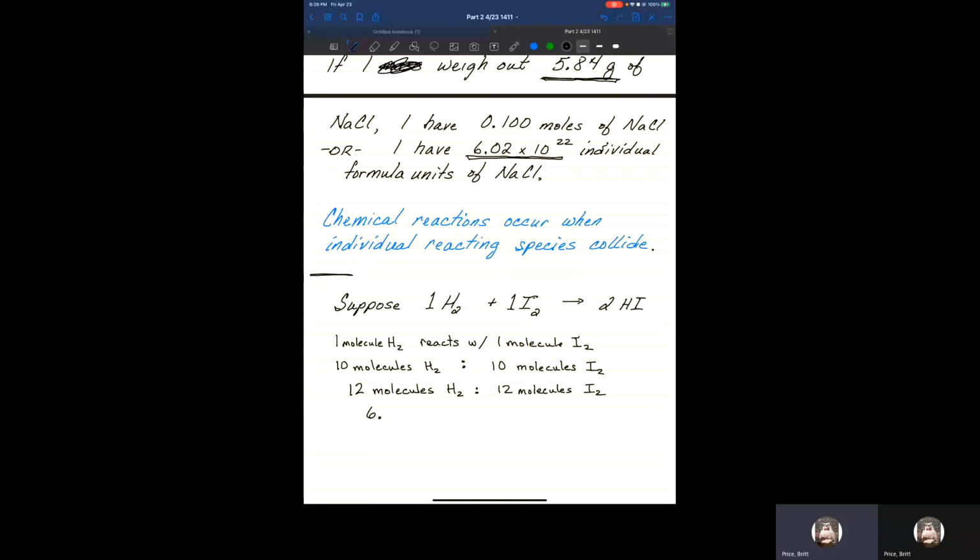Ten molecules of H2 would need 10 molecules of I2. 6.02 times 10 to the 23rd power molecules of H2 would need 6.02 times 10 to the 23rd power molecules of I2.